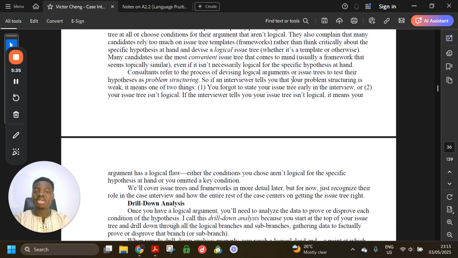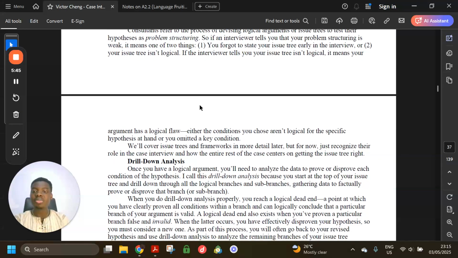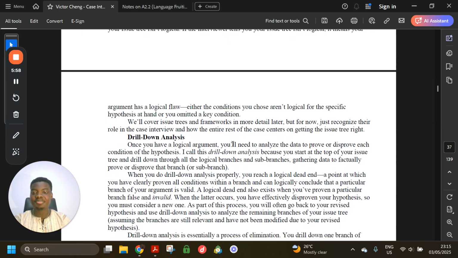And so if an interviewer tells you that your problem structuring is weak, it could mean that you forgot to state your issue tree early in the interview, or your issue tree isn't logical. And if the interviewer tells you that the issue tree isn't logical, it means the argument has a logical flaw, such that the conditions you've chosen are not logical for the hypothesis that you have made.